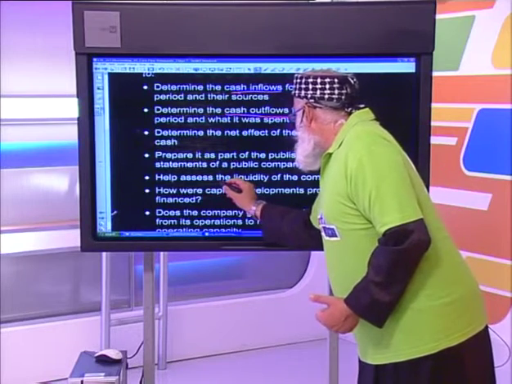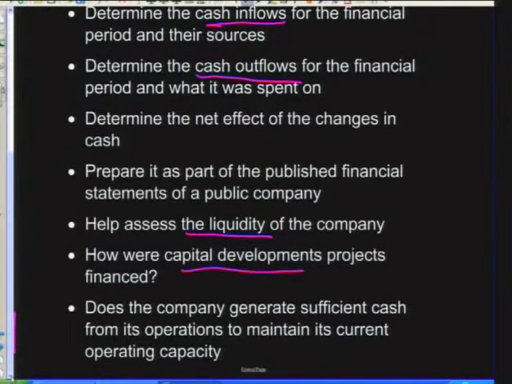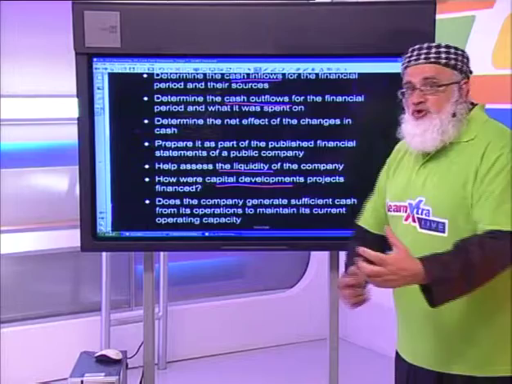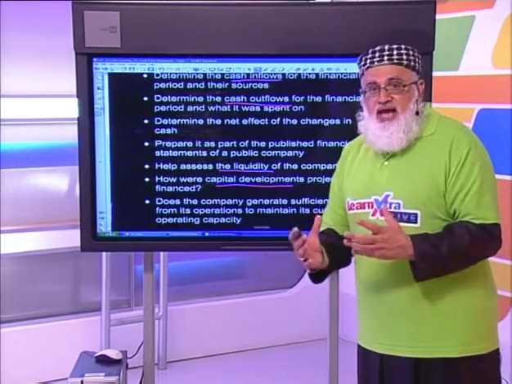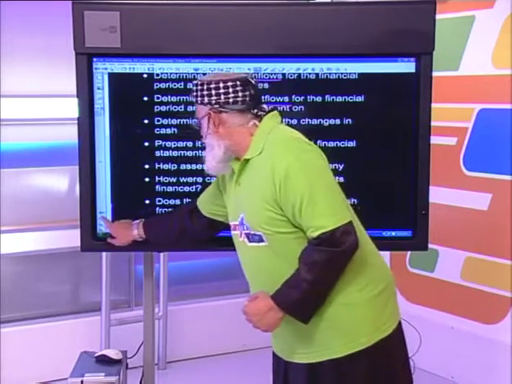To assess the liquidity of the company, to also look at capital development projects, how are they to be financed, and obviously, if we look at this, does the company generate sufficient cash from its operations to maintain its current operating capacity? So those are just the reasons behind the preparation of the cash flow statement.